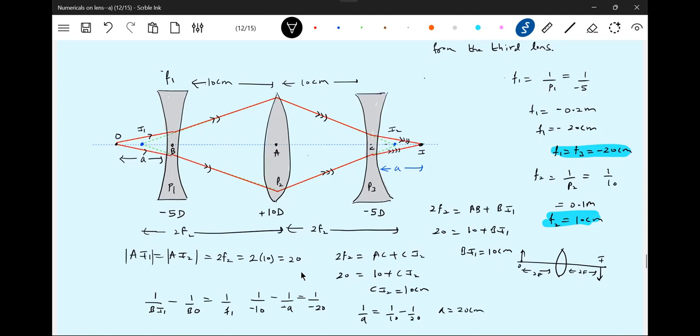A will be 20 centimeter. Okay, this will be our answer.